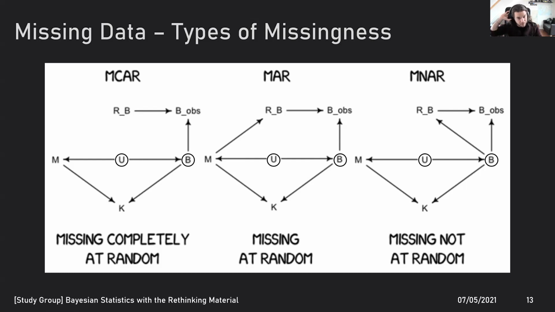But if we move to missing at random, we actually do see in this one thought example that there is something at play here. And that is that the mass of the individual itself now also influences whether we have measured the neocortex or not. For example, for particularly heavy species, let's go to the extreme and go to the gorilla, we might just not want to get close to them. Mind you, I do realize that measuring the neocortex percentage usually happens when they're already dead.